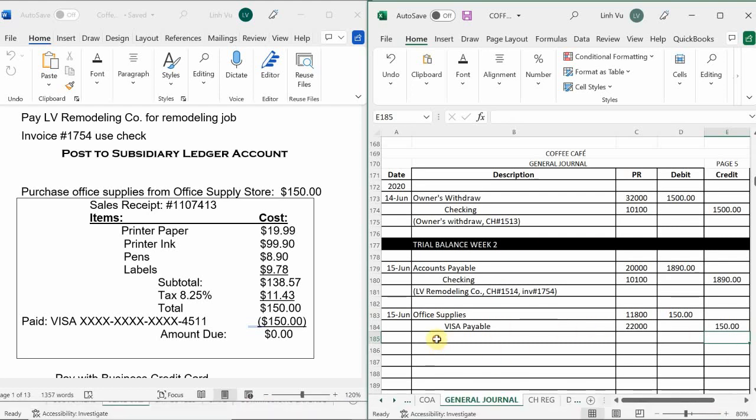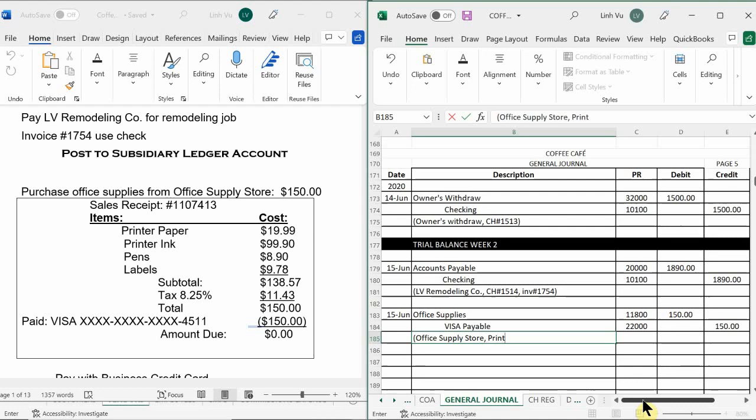So what are you going to write in your description? He purchased printer paper, ink, pens, labels from office supply store. Awesome. Okay. Office supply store.